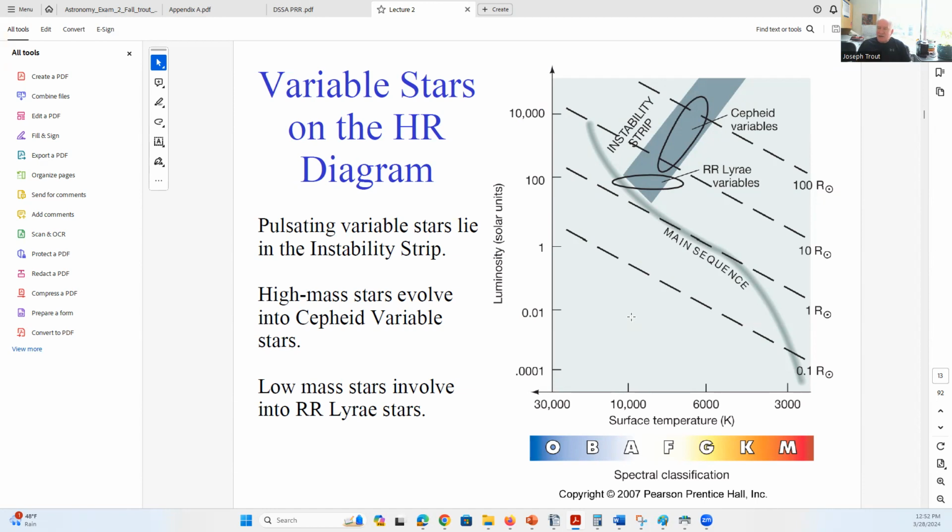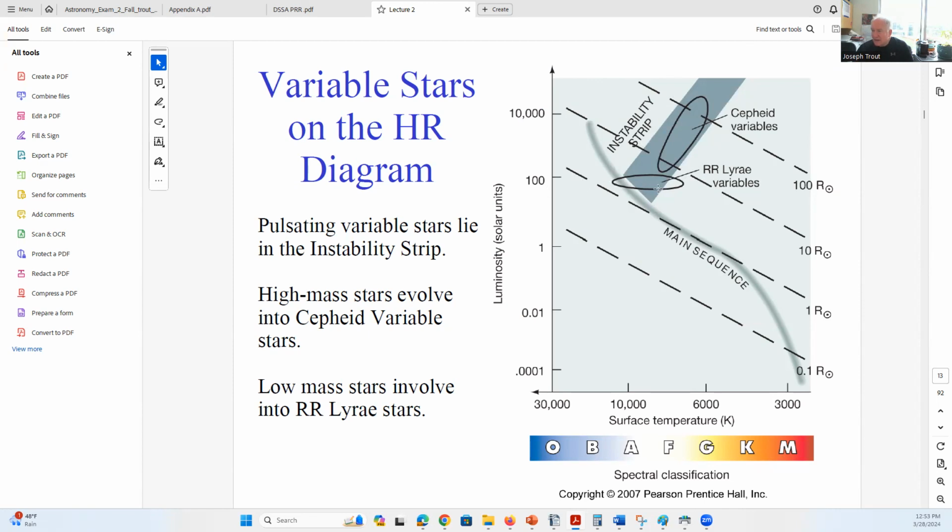So if we look on the HR diagram, the pulsating variable stars lie in this instability strip. And the high mass stars evolve as Cepheid variables, and the low mass stars as RR Lyrae variable stars. So you can see they're pretty bright.